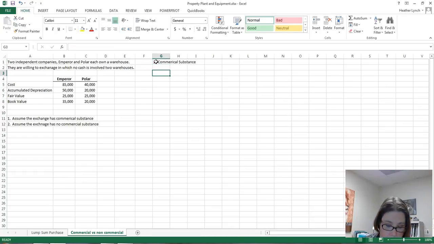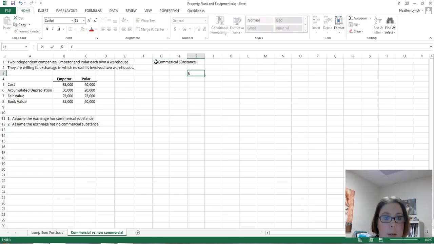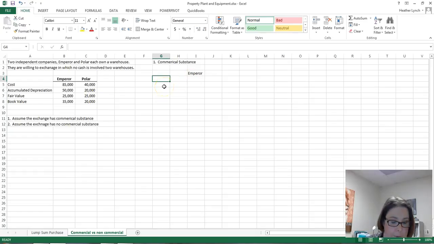And we will do Imperial, and then we will also do Polar. Okay, so he is acquiring a new building, and we're going to use the fair value.